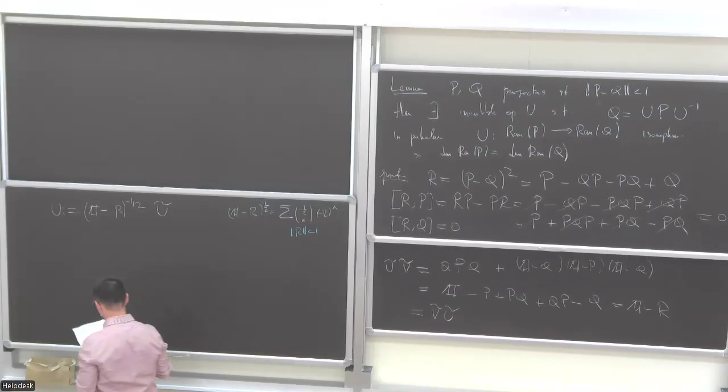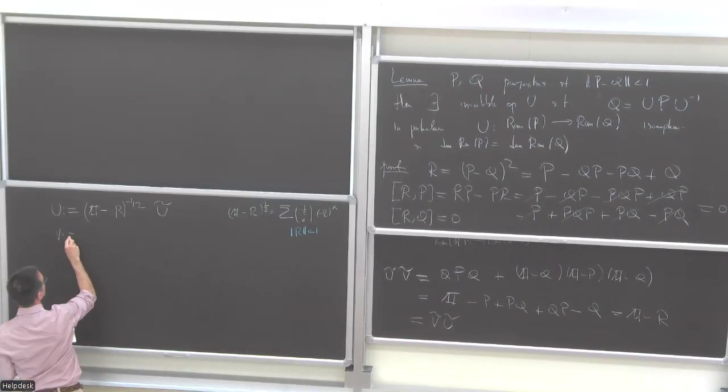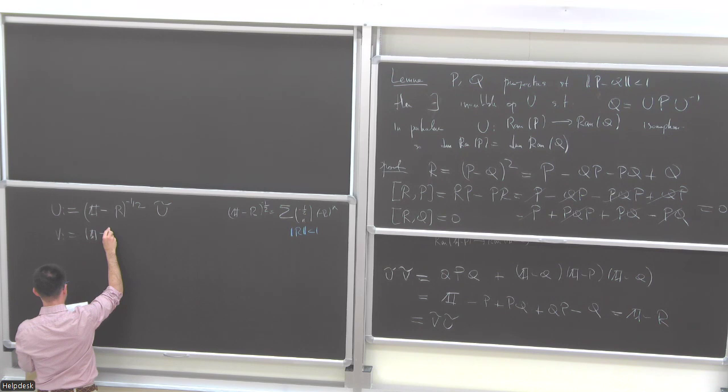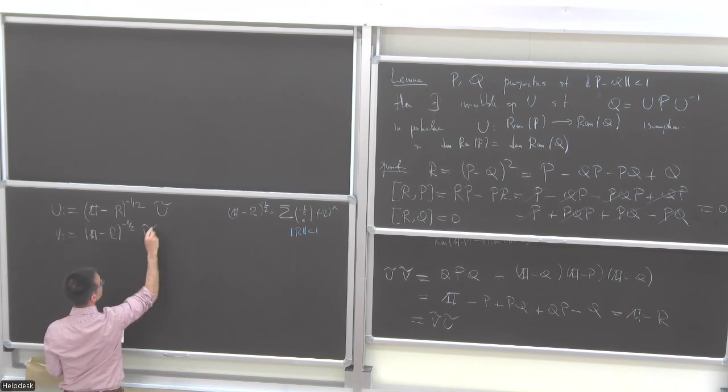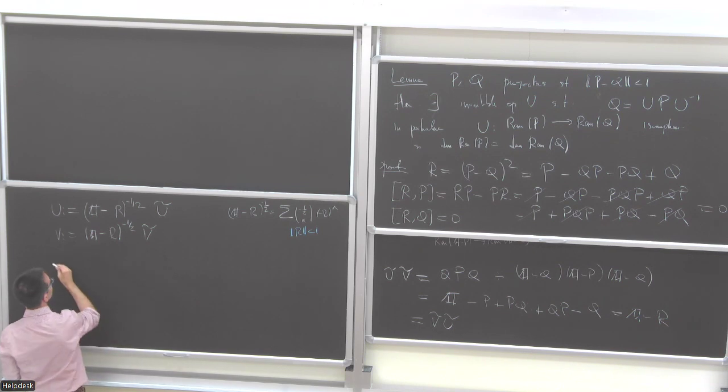And similarly, you define V as identity minus R to the minus 1/2 times V tilde.